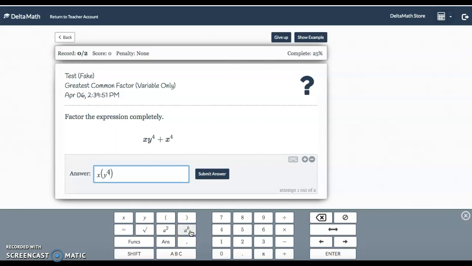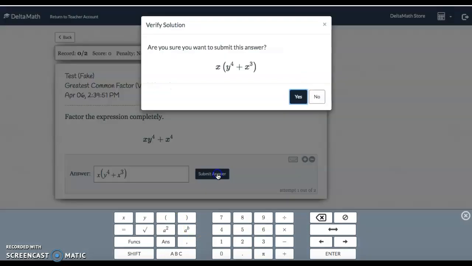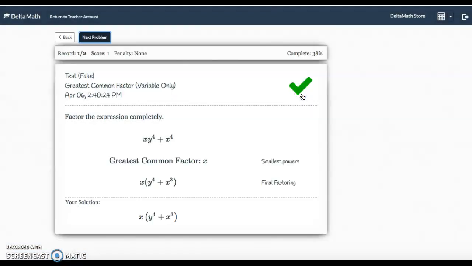Now to get out of the exponent, click the right key, and then plus x to the 3rd. I submit my answer, and I got it correct. You see it from the check mark. It shows me the steps, and I move on to the next problem. Now it says I've gotten 1 out of those 2 problems, and my overall score here is at 38%.